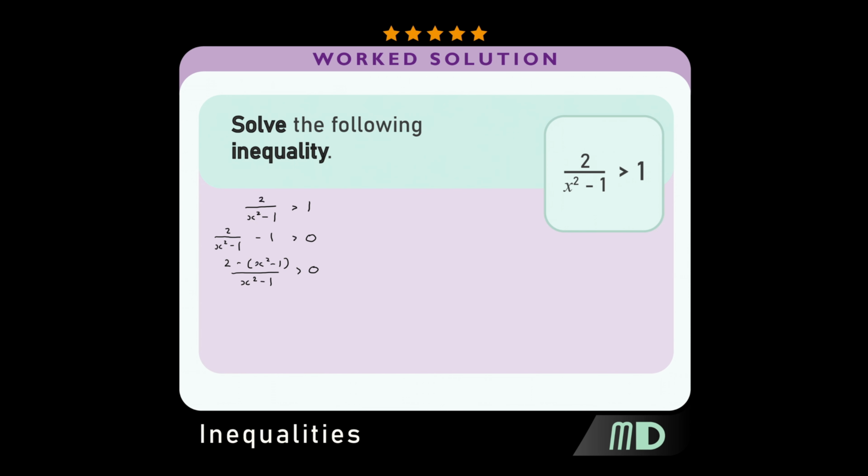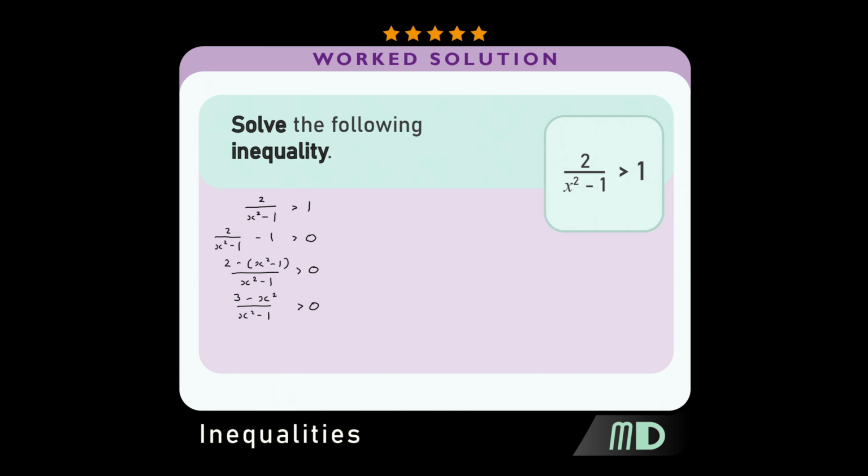We can tidy this up by expanding the bracket and simplifying the numerator to get 3 minus x squared divided by x squared minus 1 greater than 0.